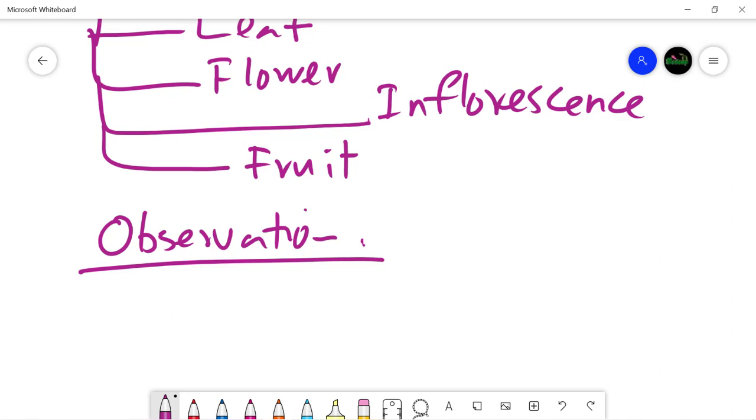Although it's all theoretical, with images and diagrams and definitions and descriptions, you can do it practically, and you will have to do it practically when it comes to understanding morphology. So observation, or what we usually call practical.